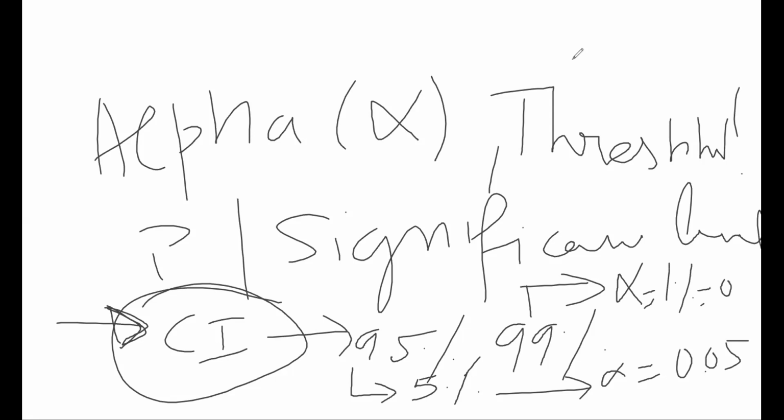That means alpha is 0.01. Hope it is clear what confidence interval and alpha value are. Another thing, there is a theorem which is called the central limit theorem.